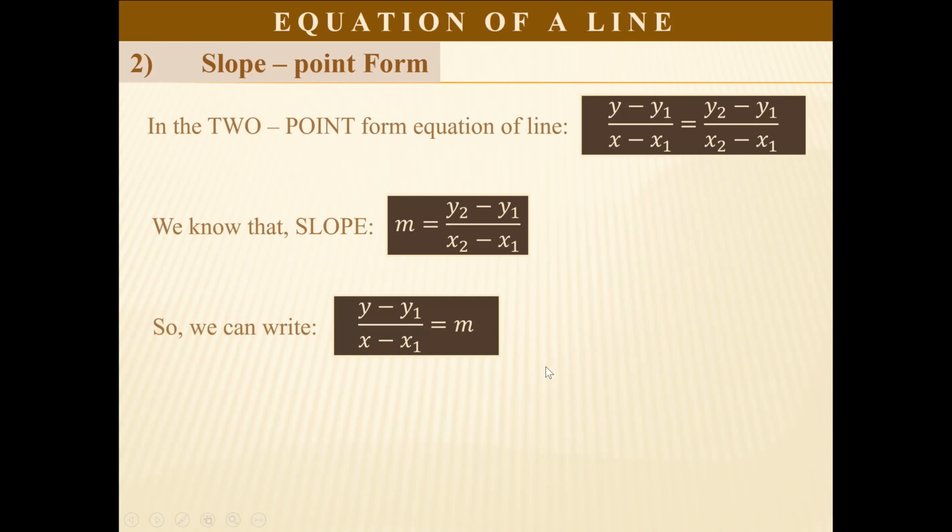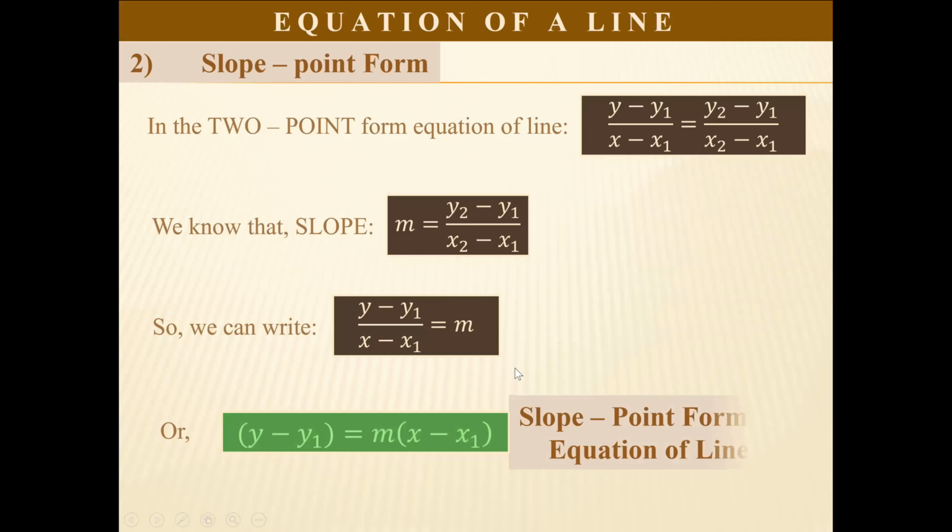Or if we cross multiply, y minus y1 equals m multiplied by x minus x1. This is the equation of a line when you are given the slope of the line and 1 point on the line. You can note down all these formulas so that it is easy while solving the exercise.